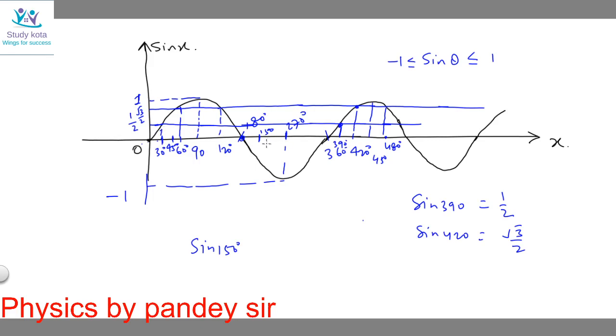From 180, after adding 30, you will get 210. Okay, so at 210 you will get -1 by 2. So sine 210 will be -1 by 2. Sine 150 lies behind 30 degree, left of 180 degree. Okay, so also you will get sine 150 is 1 by 2.